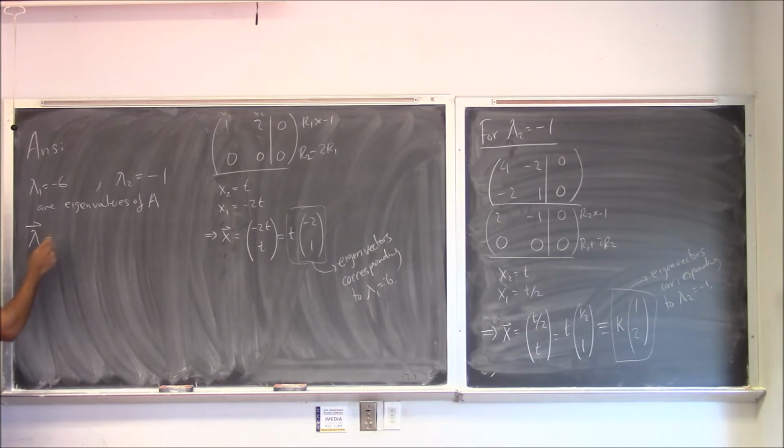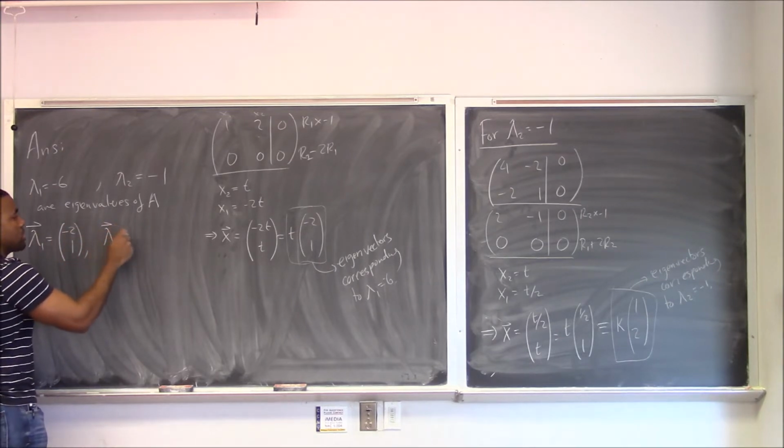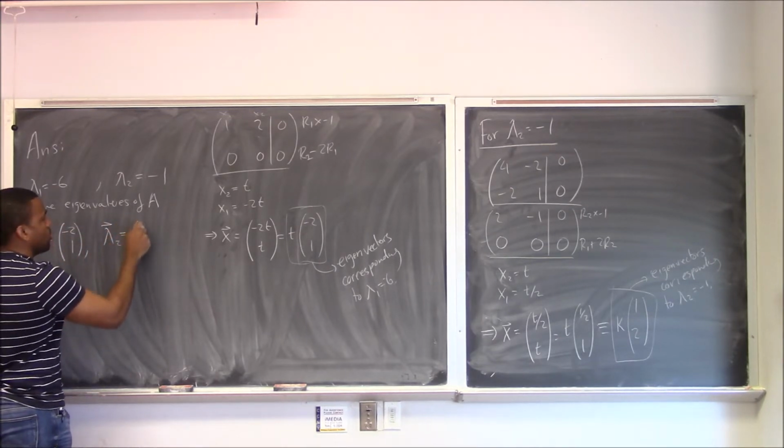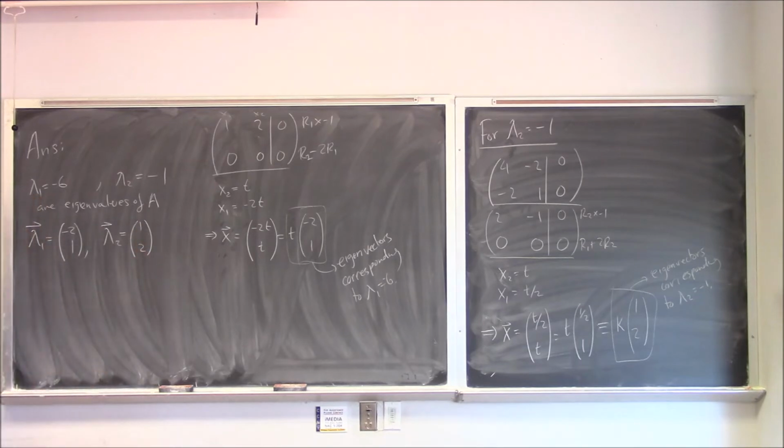That's important. It's going to be minus 2, 1, and my lambda 2 vector is going to be 1, 2. With the understanding that anyone parallel to these is also going to be scaled by the same. So in this linear transformation, any vector parallel to these two will be scaled by these two respectively. All other vectors will fundamentally change their direction.